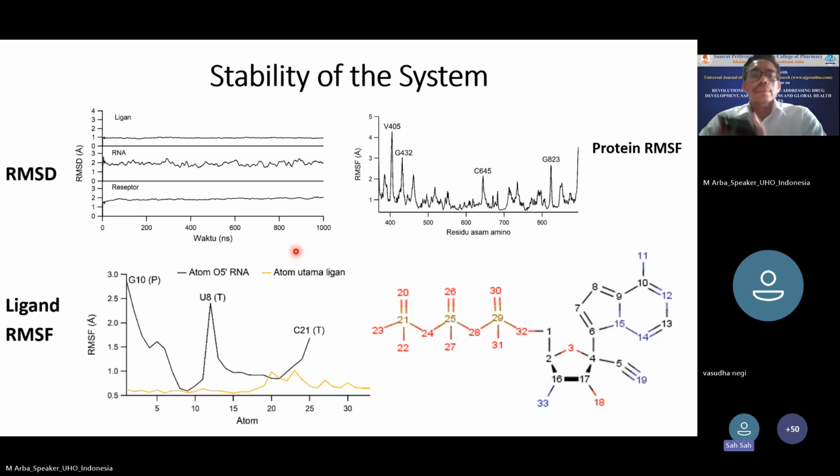That's quite long. Then also in the protein RMSF, the pattern is very stable. Here the loops fluctuate, but most of the interacting residues are not fluctuating.